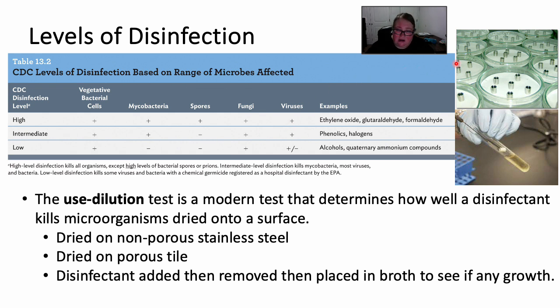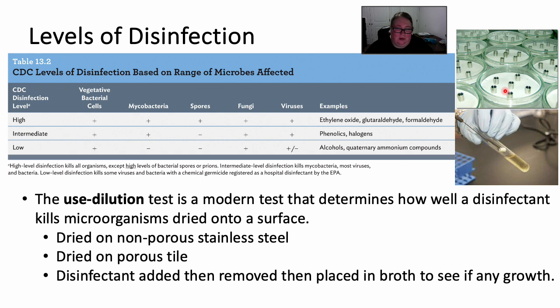Okay, so if we look here in the pictures, these examples, we see these metal stainless steel little cylinders that we have here. Okay, this is going to be our non-porous surface. Okay, and if we see down here, we see this white thing. This would be a tile, so it's a porous surface. So these are the two things that we're going to test.